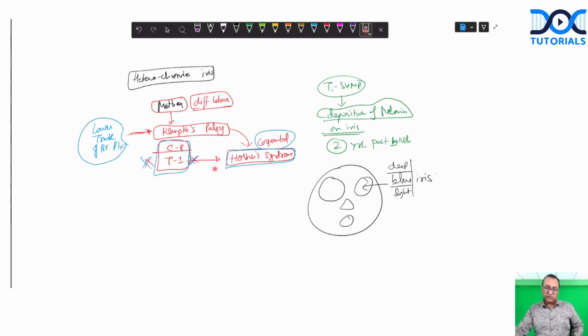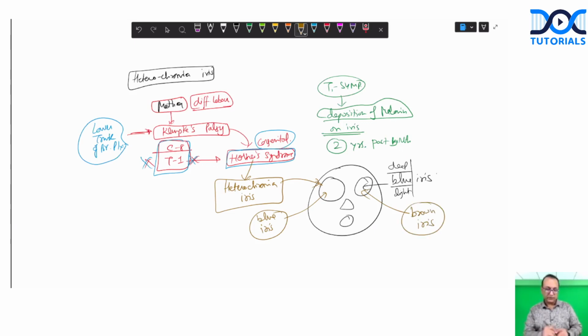So that is how you understand congenital Horner syndrome can present with heterochromia iris. Say, for example, this baby was having right-sided Horner syndrome. On the right-sided Horner syndrome, there will be blue iris. And what is the normal side? Normal side will be brown iris. This is called heterochromia iris.